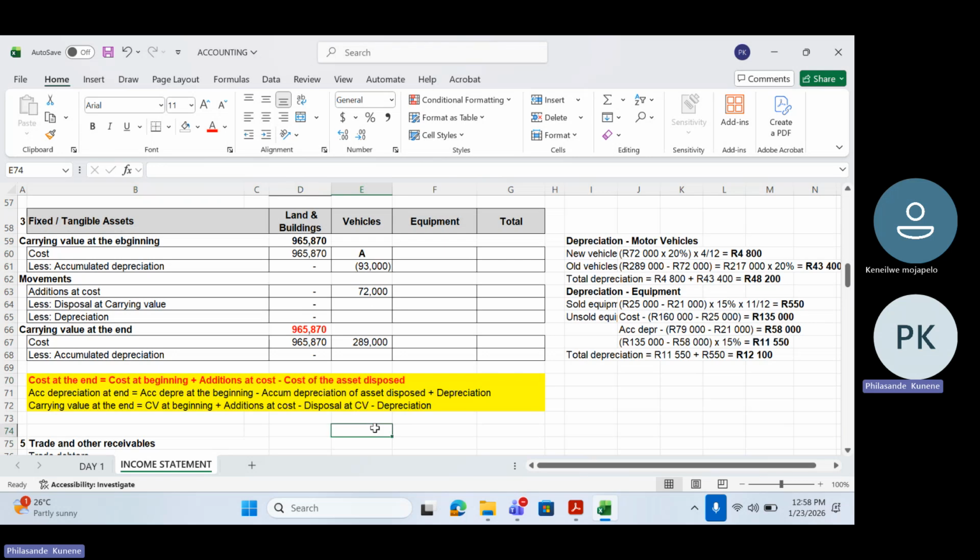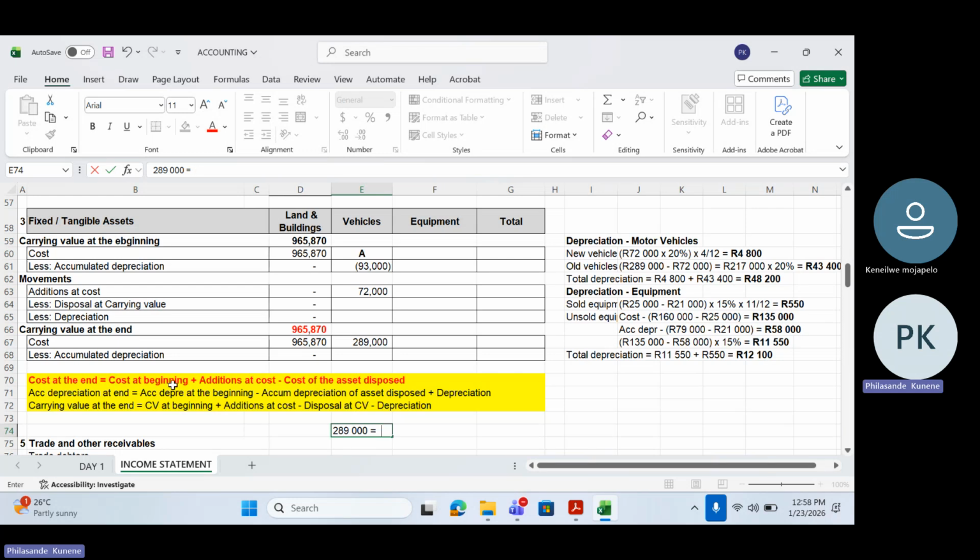The A is going to be the cost at the beginning, that is the one you need, right? Cost at the end, do you have cost at the end? 289,000, you're going to say, because you're starting with cost at the end is equal to cost at the beginning.